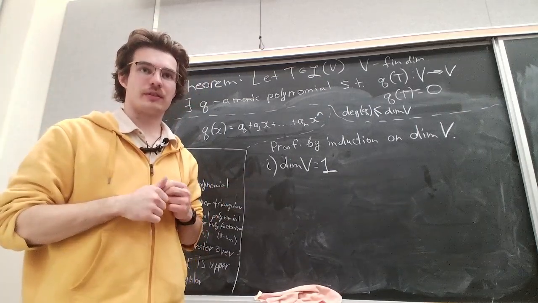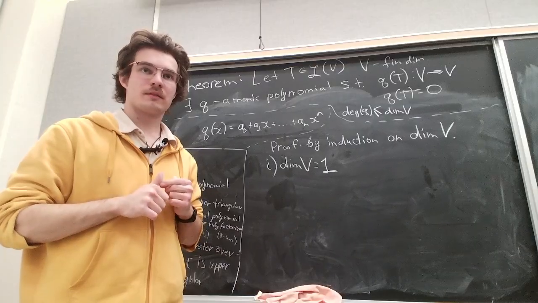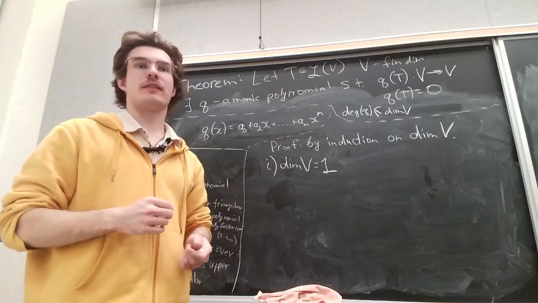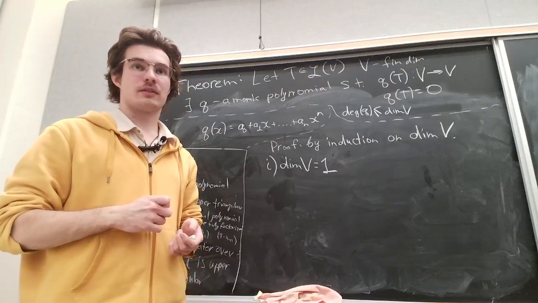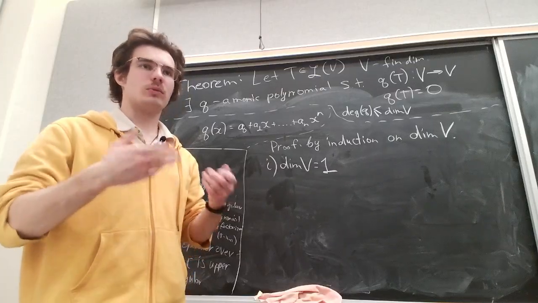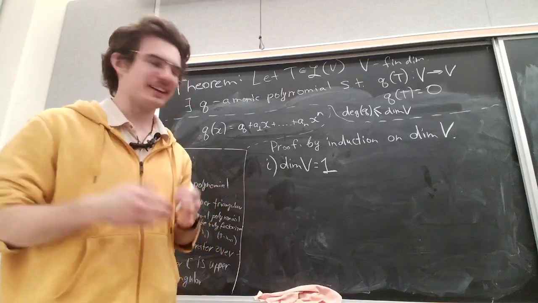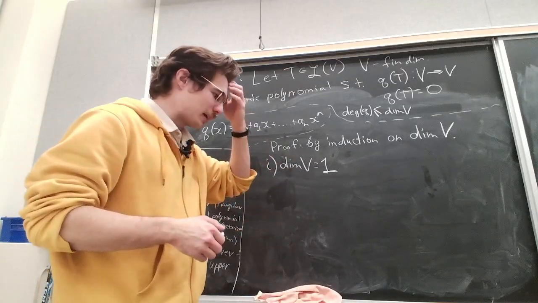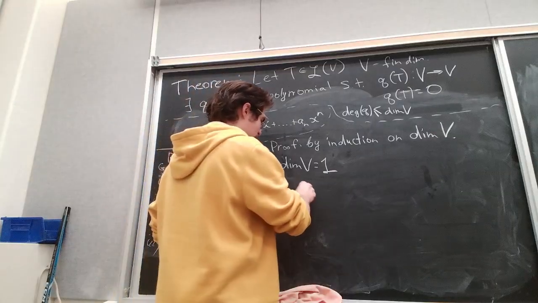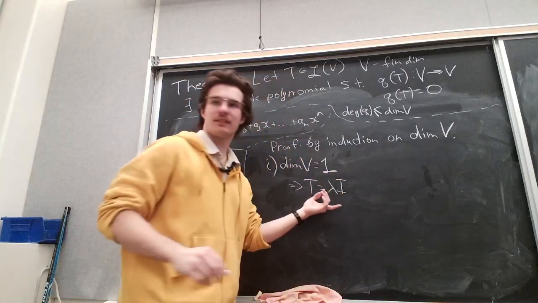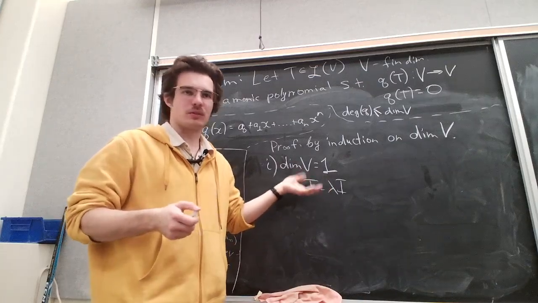What's the transformation? Changes the size. Yeah, so that is just multiplying by a number. So all this does is multiply by a number, right? So it's really just that T has to be equal to lambda I, right? That's what it is.